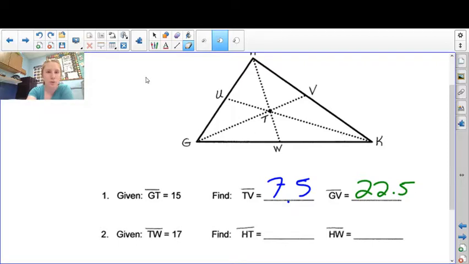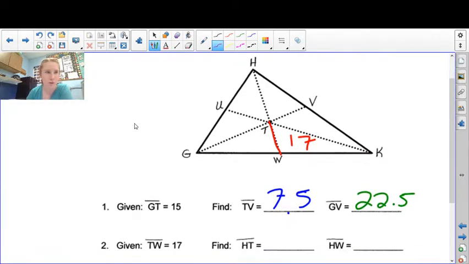Okay, number 2. TW. Oh, let's not do blue. Let's do red. TW is 17. Find HT, which I believe is the top then. Yes. Find HT and then HW. So now this is the smaller half. So again, this is 1 part, this is 2 parts, so I'm going to multiply by 2.